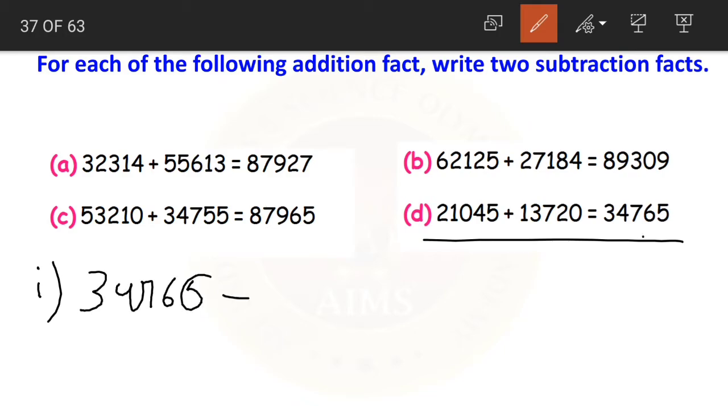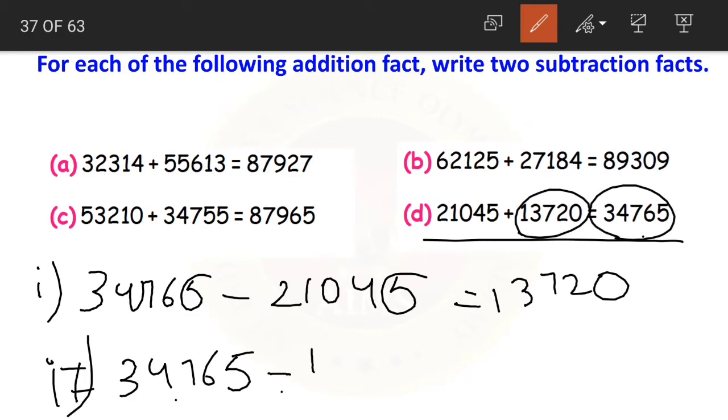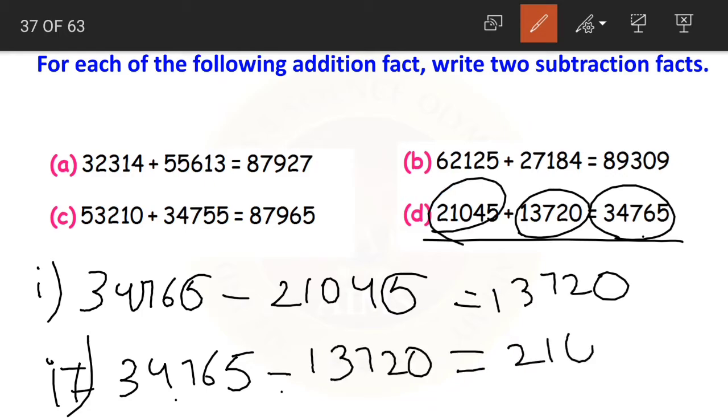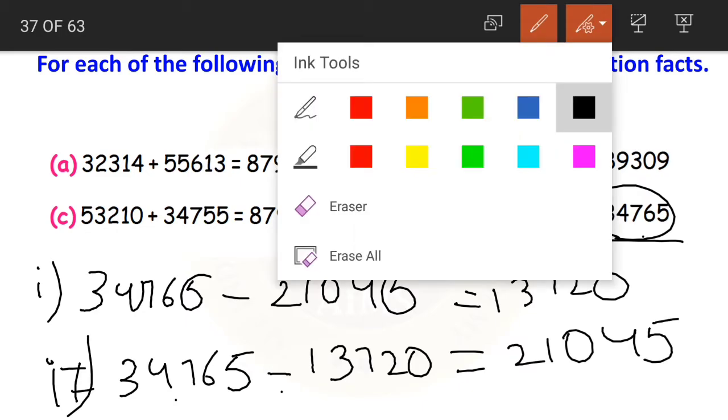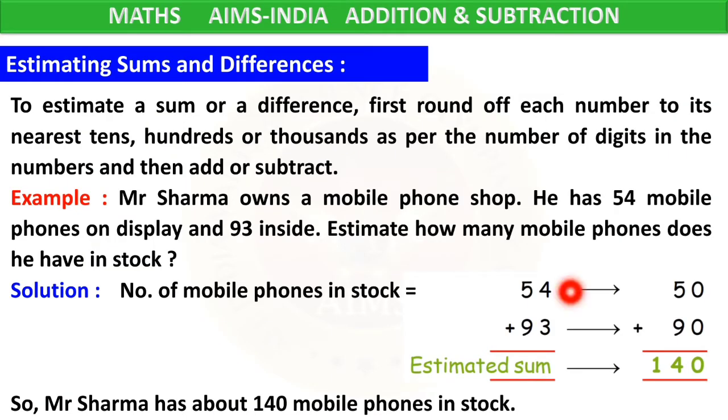Okay? Yes. Sum minus addend 1, that is 21,045 is equal to our addend 2, that is 13,720. Now coming to the second fact, again the sum minus our addend 2, that is 13,720 is equal to our addend 1, that is 21,045. Clear, children? How to write subtraction facts for an addition fact.